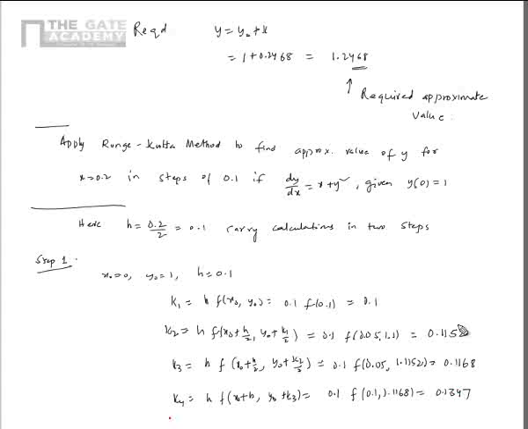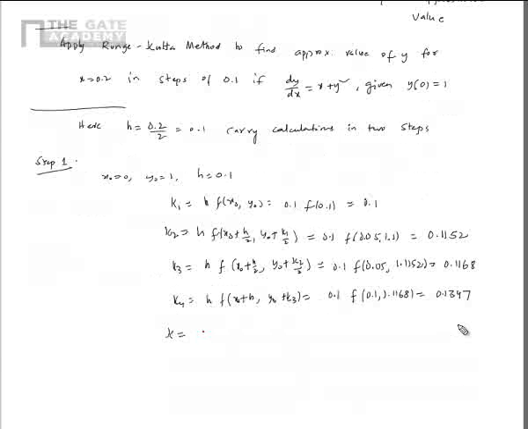Okay, this was k4. So k will be basically the weighted mean. If I just substitute the values, it comes out to 0.1 plus twice of this, 0.2304, twice of this, and twice of 0.1168, which is 0.2336, plus the k4 value.